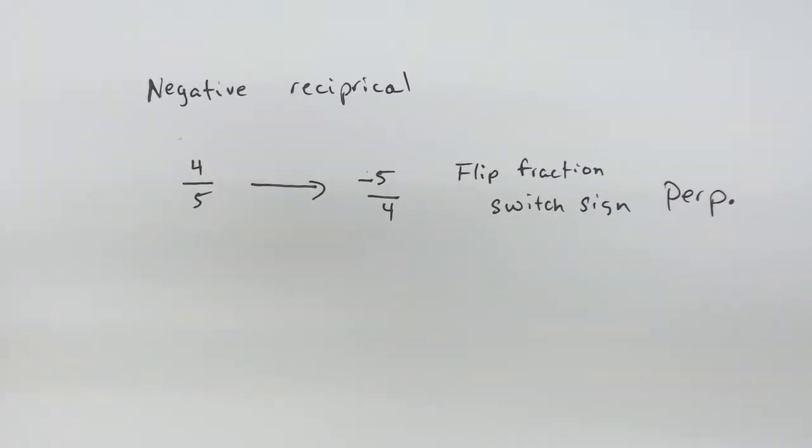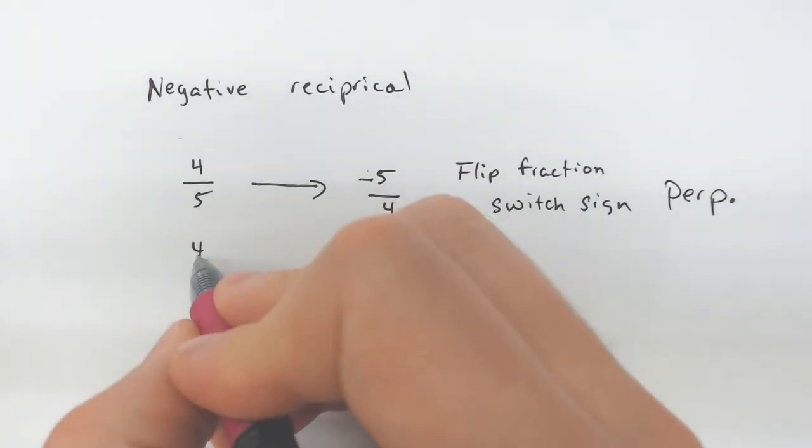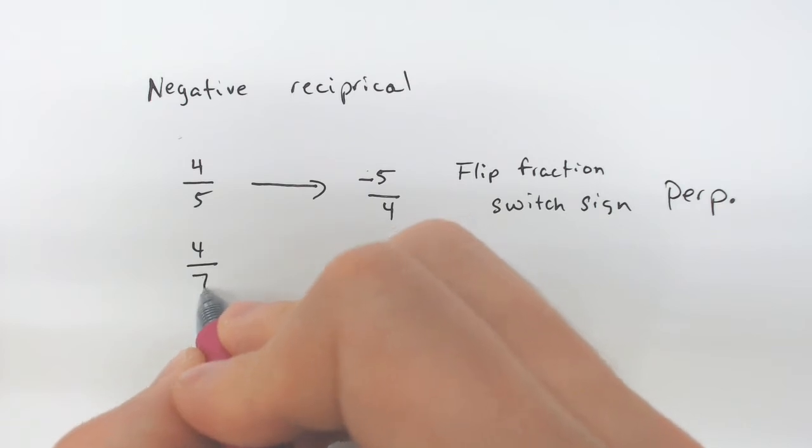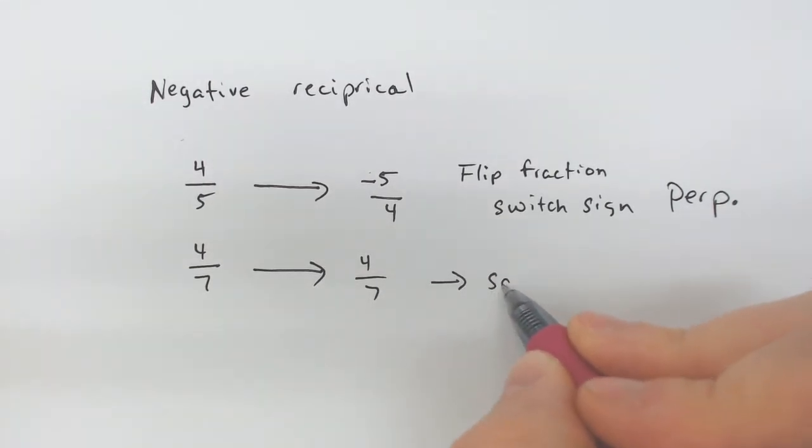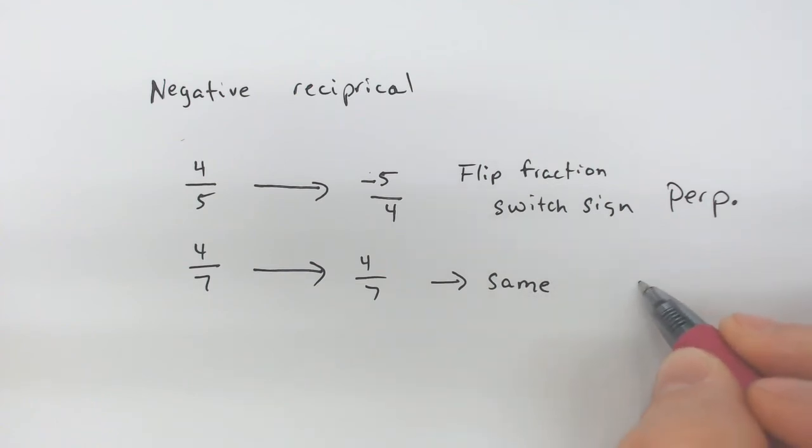If the slopes are identical, let's say you had 4 over 7 and it became 4 over 7, if the slopes are exactly the same, then they would be parallel.